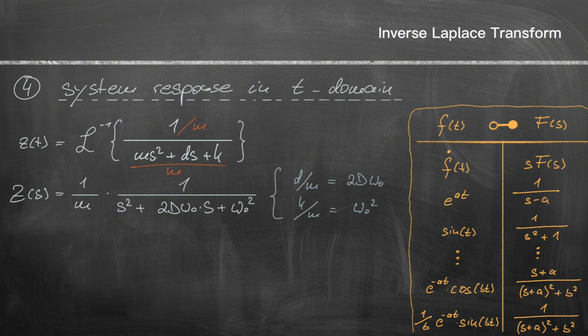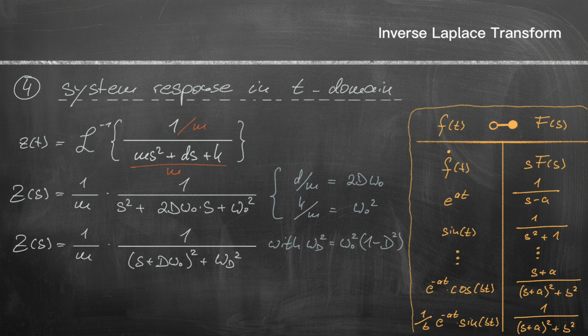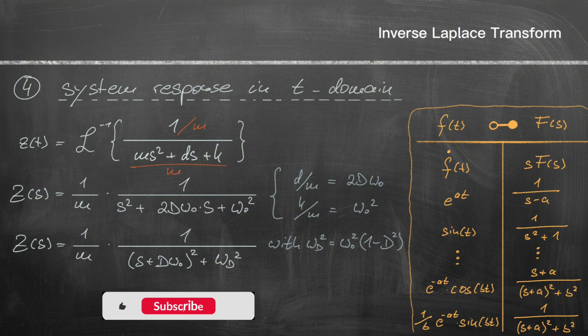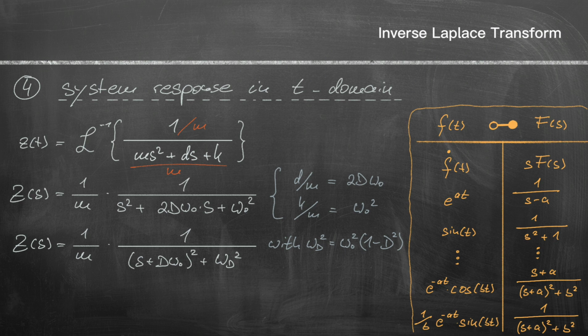Next, we perform one further transformation step using the binomial formula and obtain Z(s) = 1/m times 1 / ((s + Dω₀)² + ω_d²).